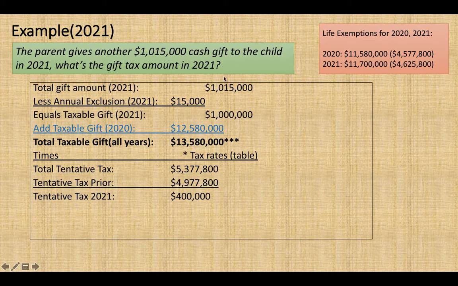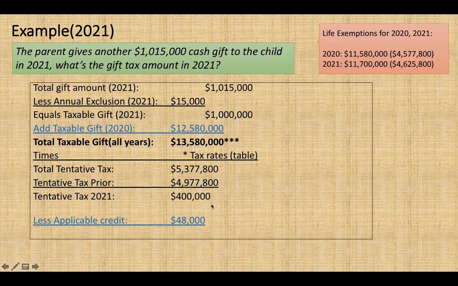That's exactly as I said: your taxable amount for 2021 is $1 million, so you tax it at a 40% rate, and you get a $400,000 tax amount.